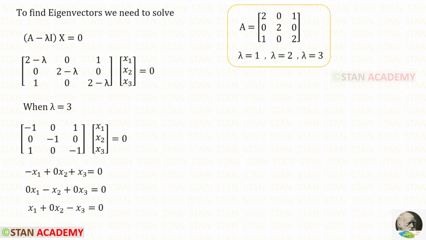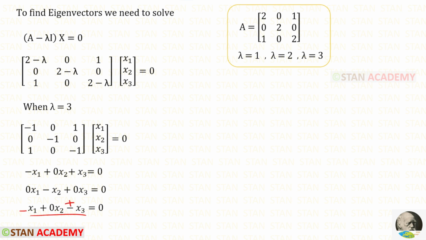Now let us find the eigenvectors when lambda is 3. 2 minus 3, we will get minus 1. From these, we can form these three equations. You can see that the first and third equations are same, only the signs are different. Let us take this equation, let us change the signs.